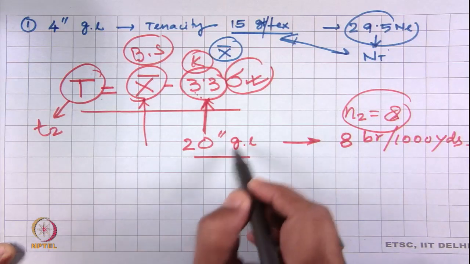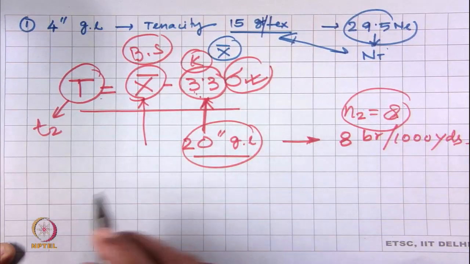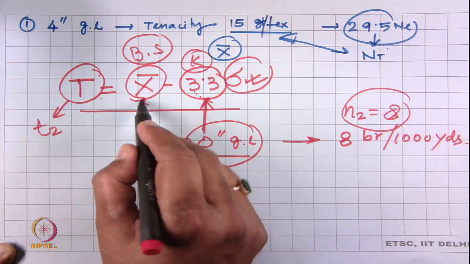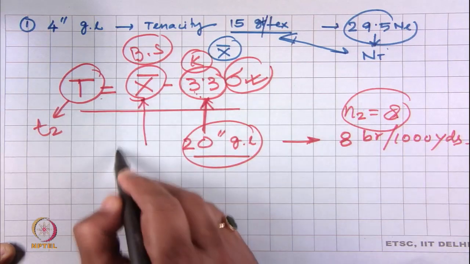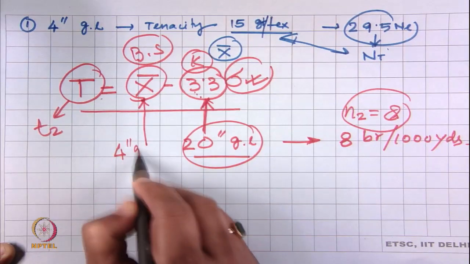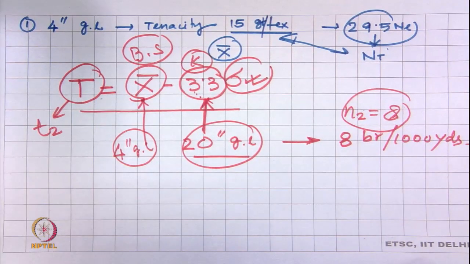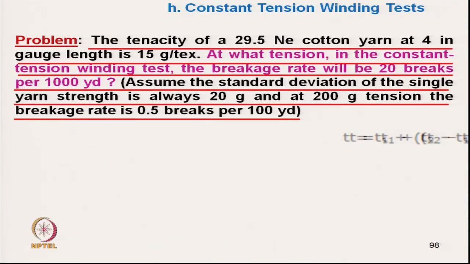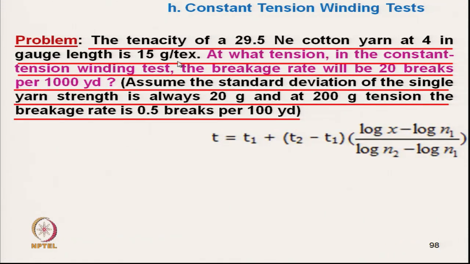BS standard says that it is a 20-inch gauge length, but in our case the x bar is with the 4-inch gauge length. So, here 4-inch gauge length data is given. Now, we have to get this strength, which is at 4-inch gauge length, at 20-inch gauge length.